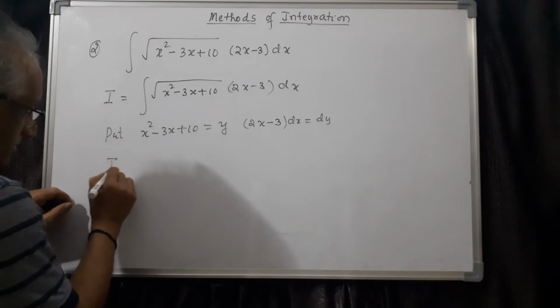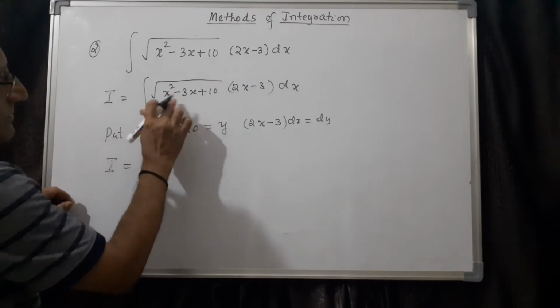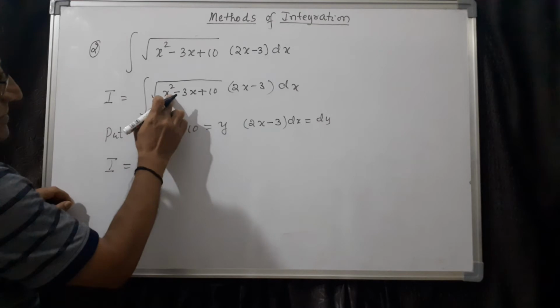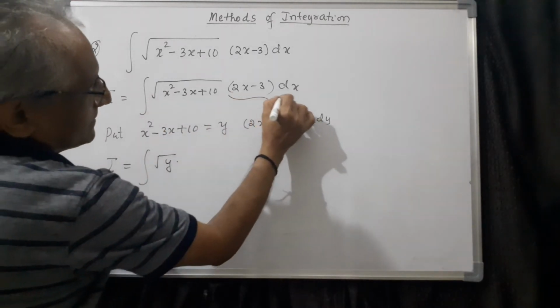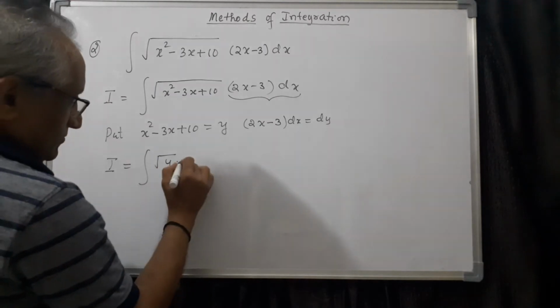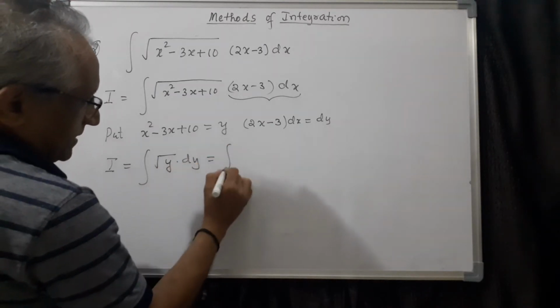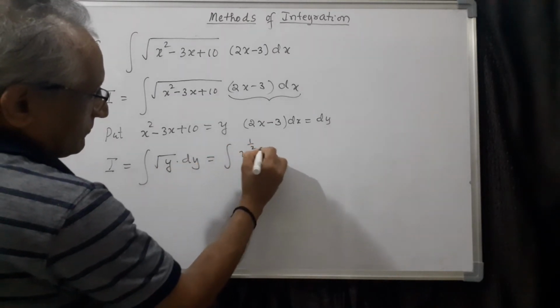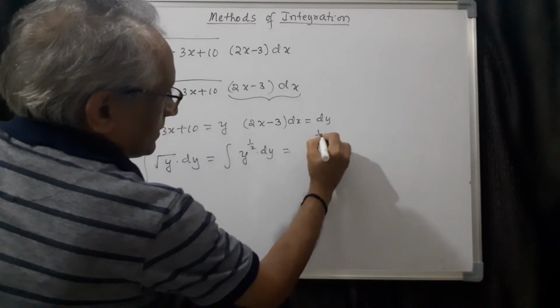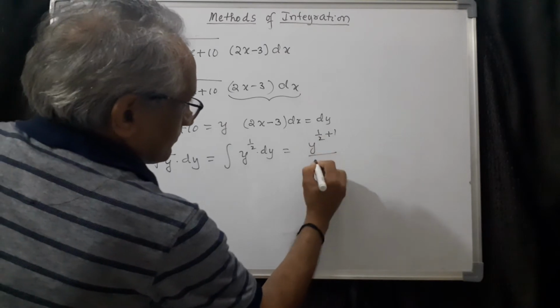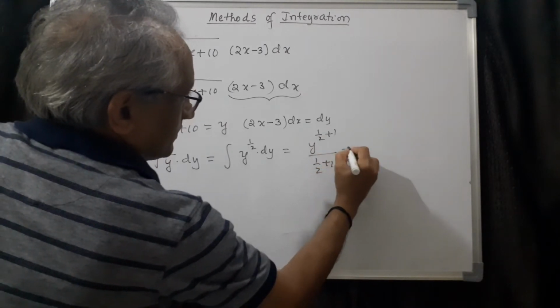Now I equal to substitution. The first one is y, therefore this becomes square root of y, and this entire thing becomes dy. So you can write y power half dy. So this is y power half plus 1 by half plus 1, plus c.